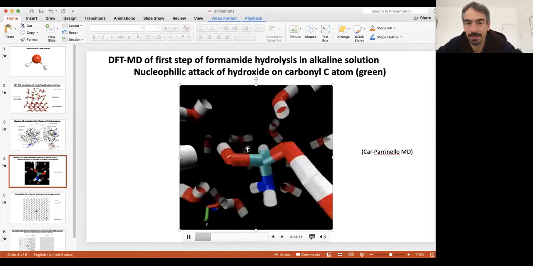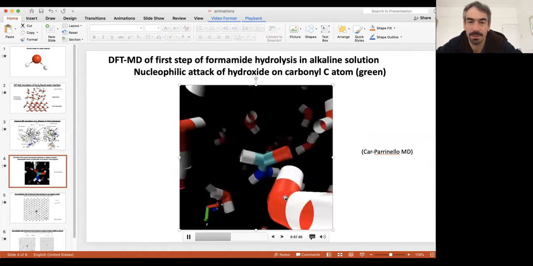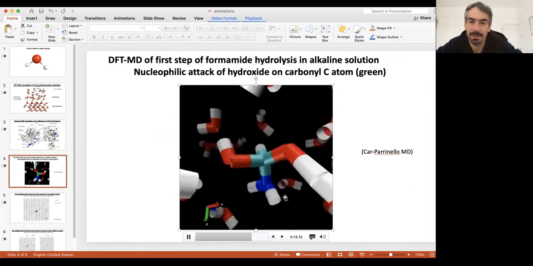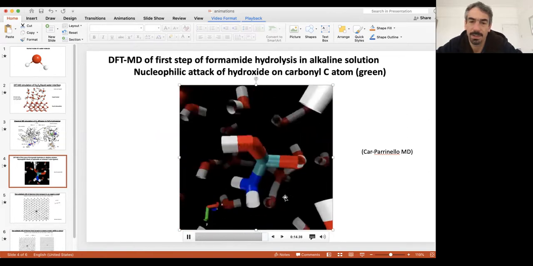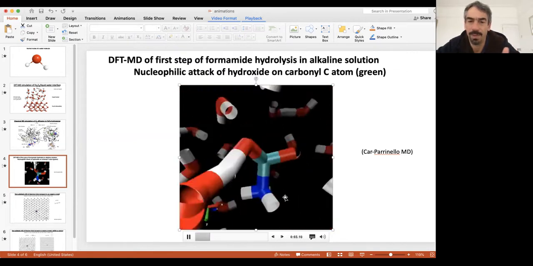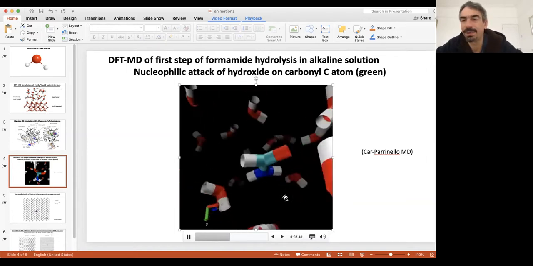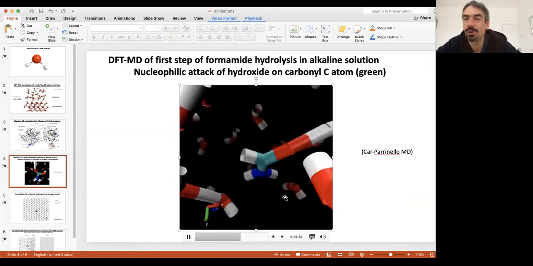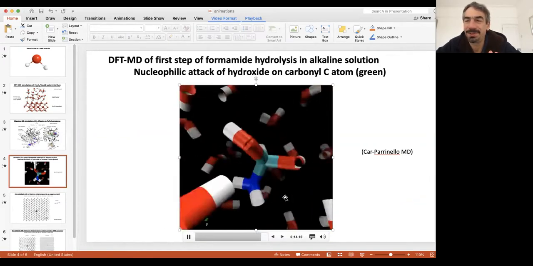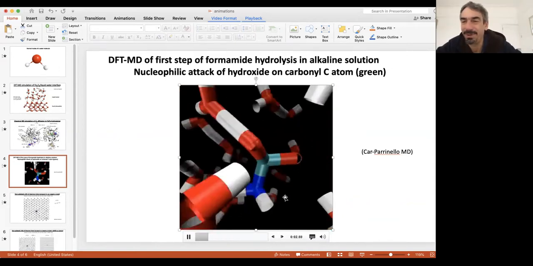You see it's extremely dynamic. The movie is maybe a couple of picoseconds long. It stays there, but then basically it goes back, so it goes forth and back. The interesting thing in this movie is that all the things that you learn in organic chemistry are actually happening.